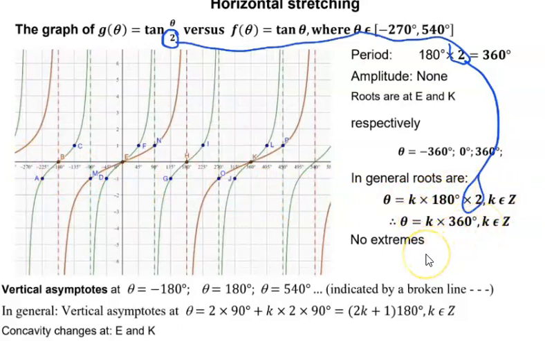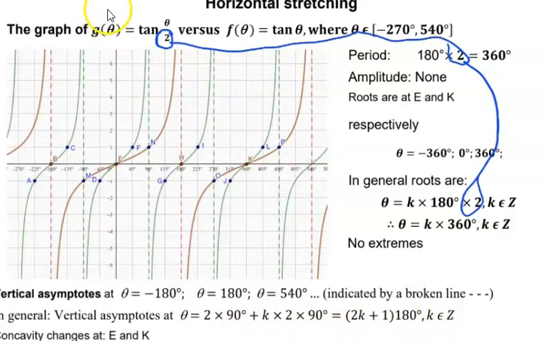We again say there are no extremes, because we don't have any minimum or maximum, because plus or minus infinity are not finite numbers. We can write down the vertical asymptotes first individually at minus 180, at plus 180, and at 540, and we can write down a formula for that.